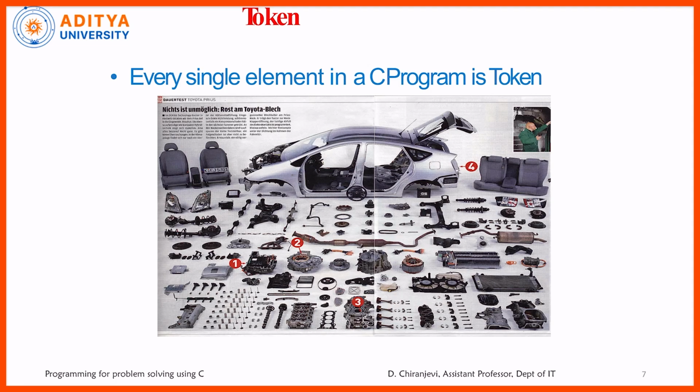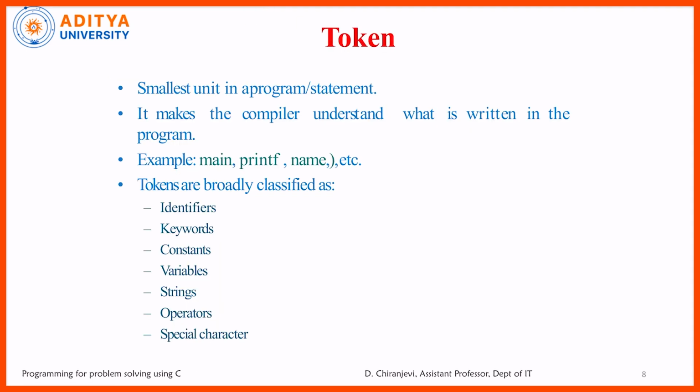See here, the nuts, bolts, screws, everything is a token. In a similar manner, the smallest piece of information in a program is called a token. Generally, a C token consists of identifiers, keywords, constants, variables, strings, operators, special characters, and printf, scanf, main function. Everything is a token in computer programming.